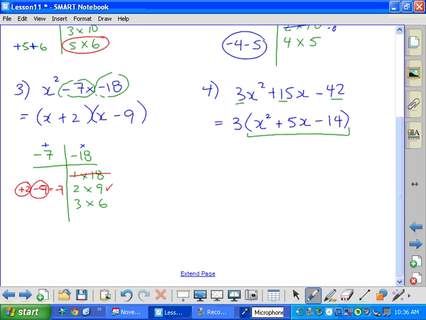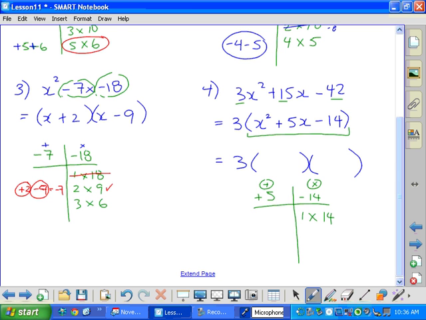Now, inside the brackets, it's a simple trinomial. So that means that I'm going to keep my 3, and I'm going to end up with 2 sets of brackets. And in those 2 sets of brackets, it's got to add to +5. That's my adding. And it's got to multiply to -14. What multiplies to -14?